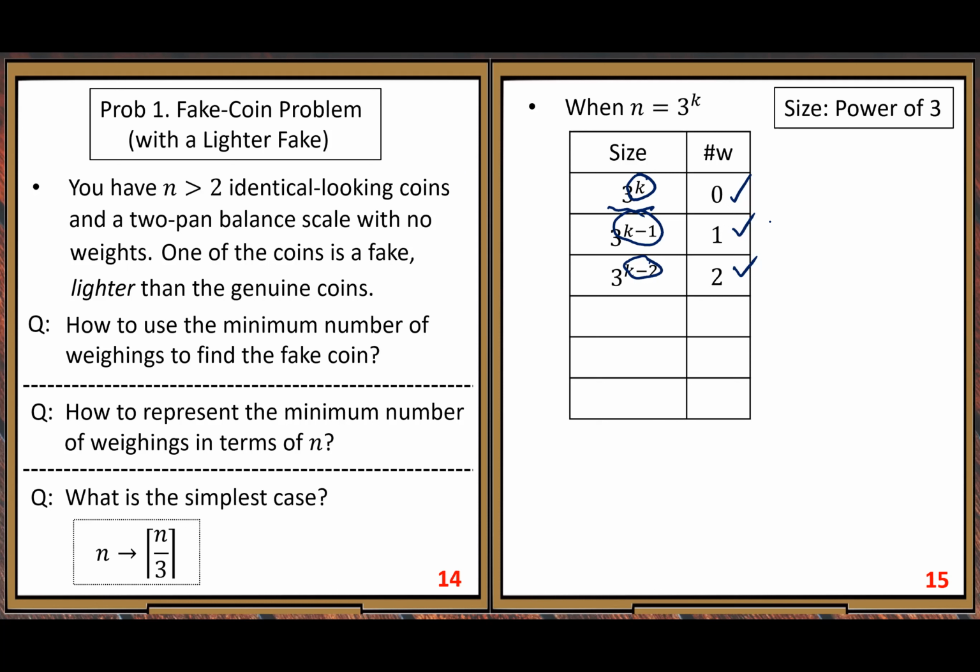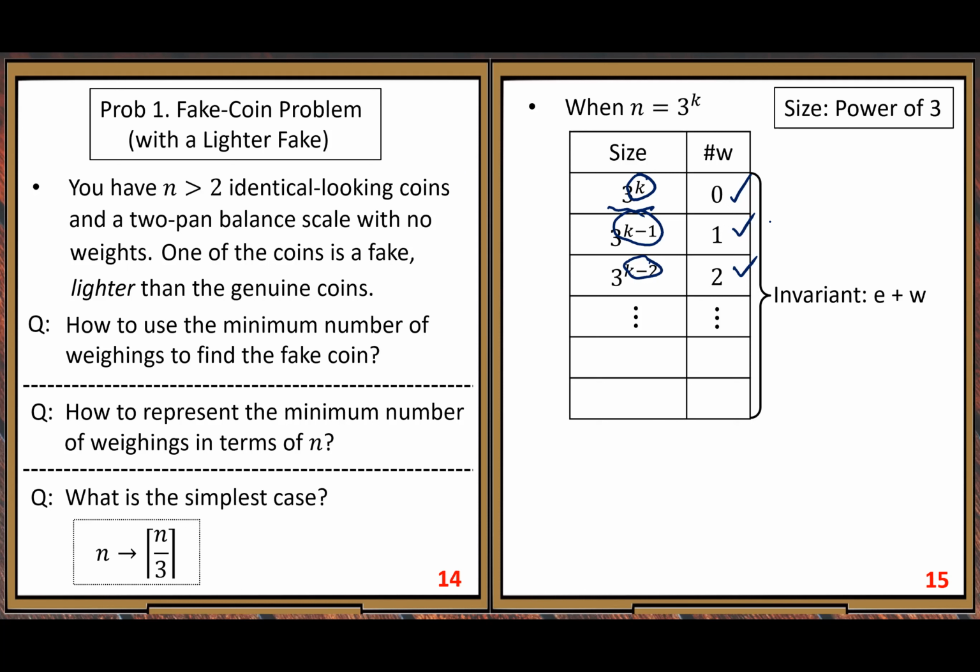Let me introduce this important problem-solving method, the invariant method. Consider this quantity E plus W, where E is the exponent of the left column expressions and W is the right column number of weighings. E plus W is always the fixed number K, so we call it invariant.